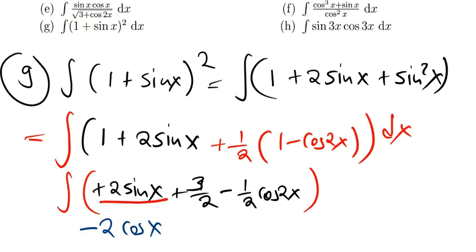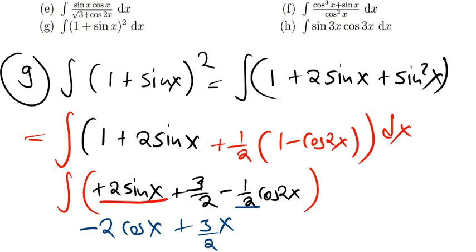Now when you are integrating, you need to divide by the derivative of what is attached. So it's just x. Dividing by 1 will not give us any difference. The integral of 3 over 2 is 3 over 2x. Whenever you're integrating a constant, just introduce a variable.